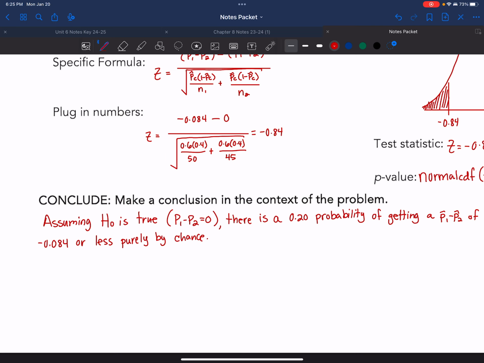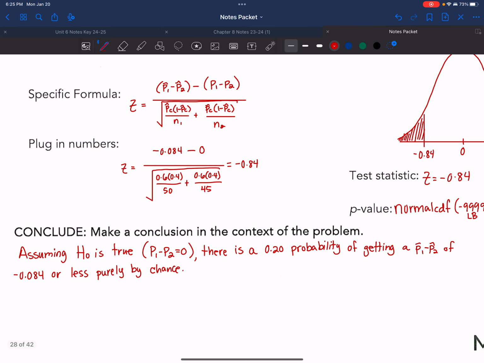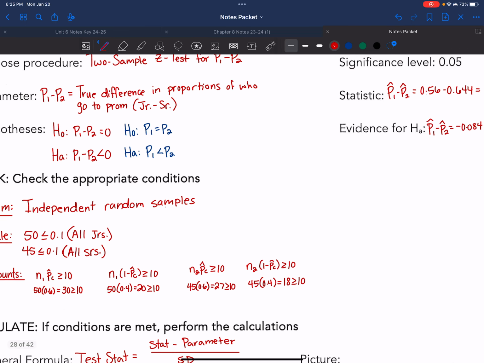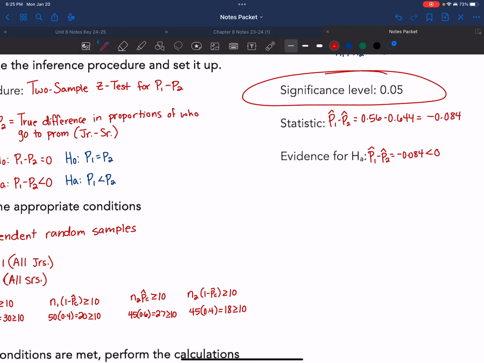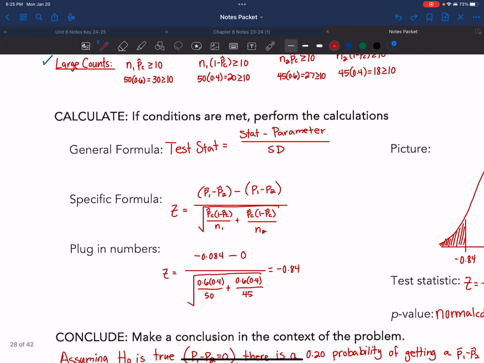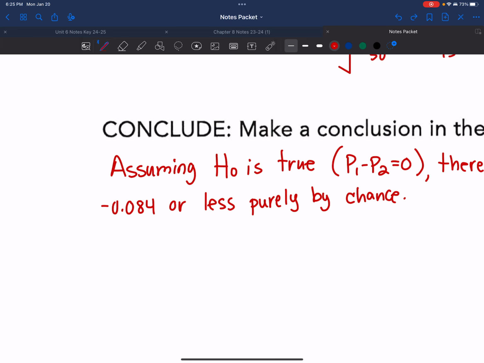And since we're doing a significance level of 0.05, 0.2 is bigger than 0.05, so that means that it's likely to happen just by random chance, right? 20% is a pretty common occurrence.